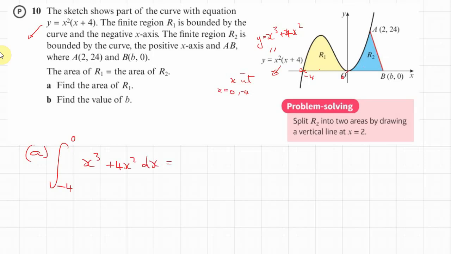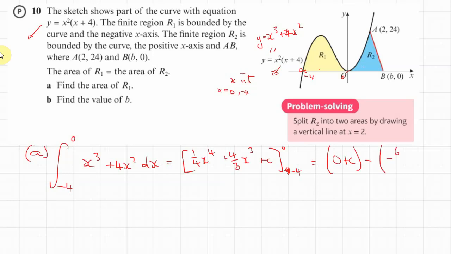When I integrate that, I am going to get a quarter x to the 4 plus 4 over 3x to the 3 plus c, and that is between 0 and minus 4.